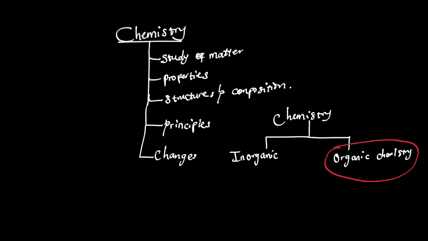So now, what do we understand by organic chemistry? When I say organic chemistry, what does this mean? Organic chemistry is simply a branch of chemistry, as you know now, that specifically focuses on the study of carbon compounds. So when we are talking about organic chemistry, our main focus is actually on carbon compounds, which are essential for life on Earth.